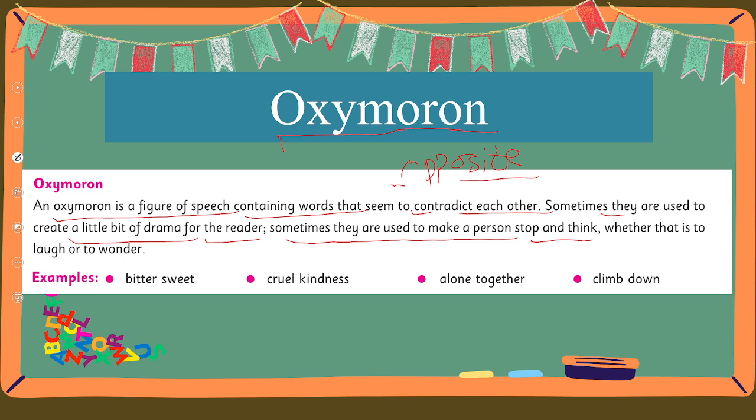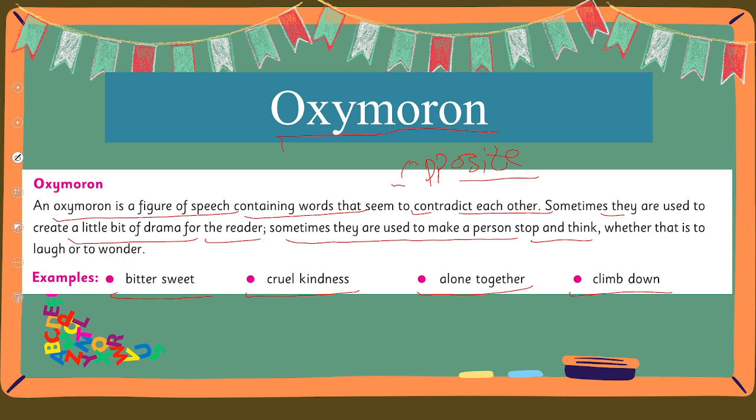Examples are bittersweet. We have a bittersweet relationship. Bitter and sweet, they are contradictory words, they are opposite to each other, but they are working together to create a very good effect. Cruel kindness, alone together, climb down.